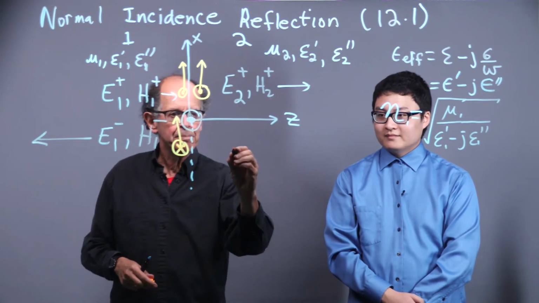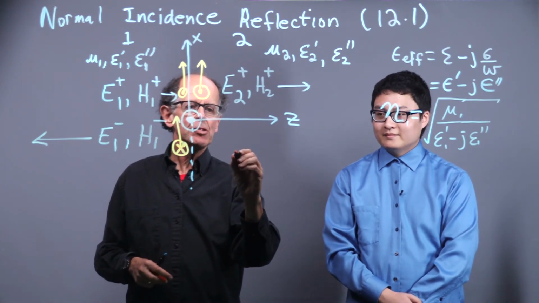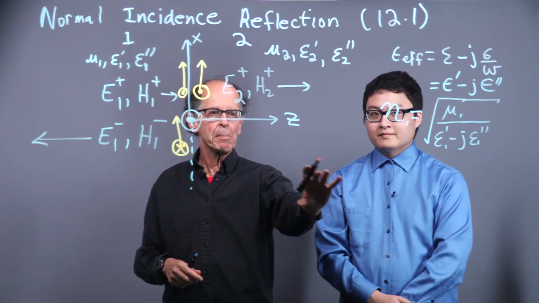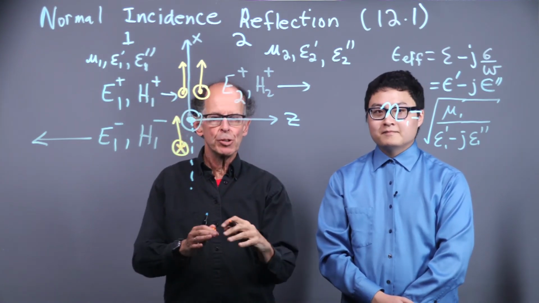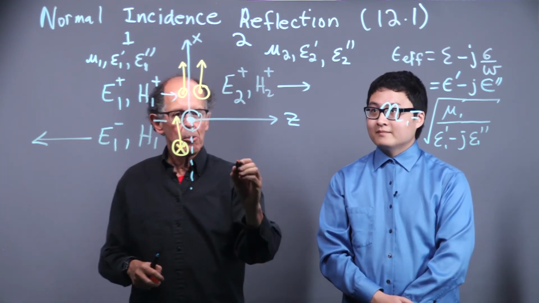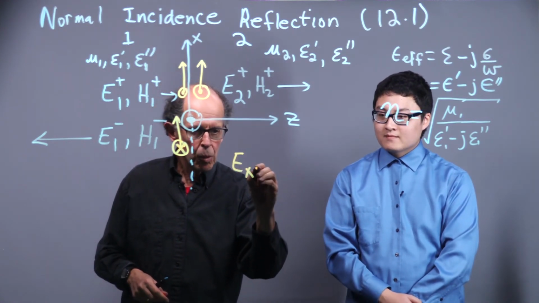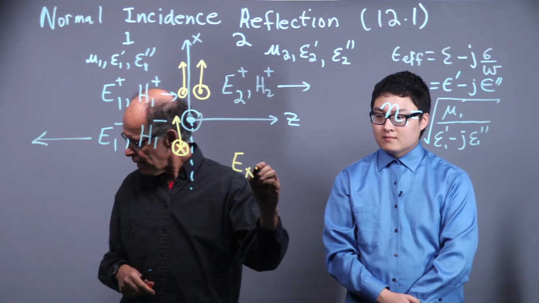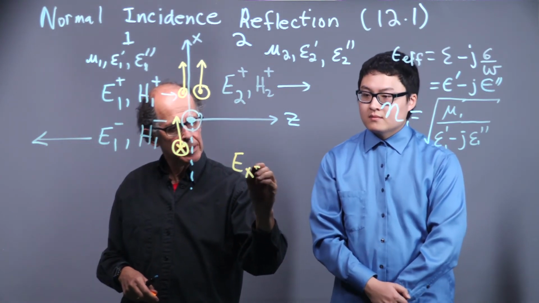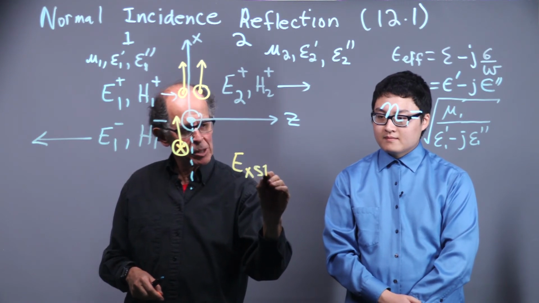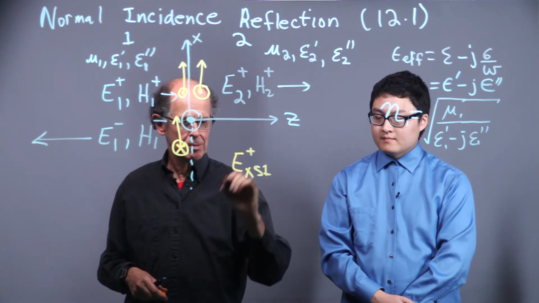And now let's summarize all that. Let's look at the phasor notations for everything, just the notations. We're not doing any of the math here. This board is just the setup board. So we have E x s1 plus, the x component, phasor form, material 1 plus.